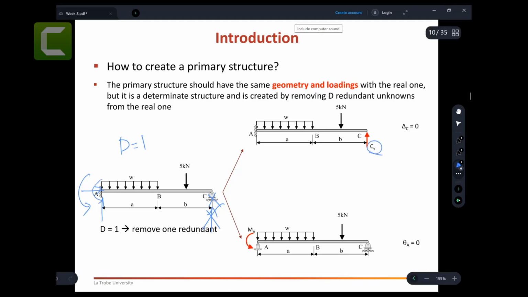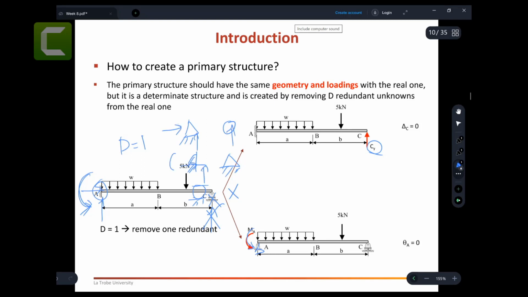Or you can change the fixed support to a pin support, because when you make it a pin support, the reaction becomes your redundant moment, right? So you can make the pin support become a roller support. Make sure that it is a stable structure. The fixed support can become a pin support, and the roller support you can remove completely, right? Because you have 2 reaction forces here, it becomes 1 reaction.